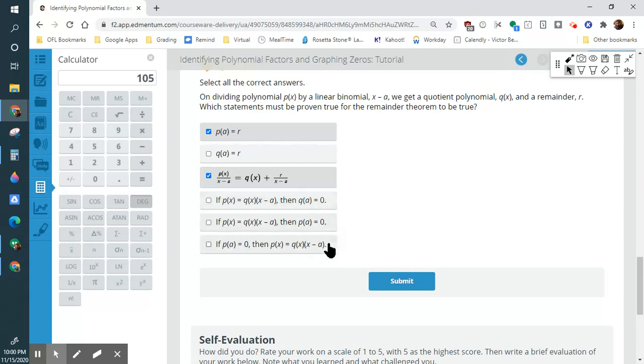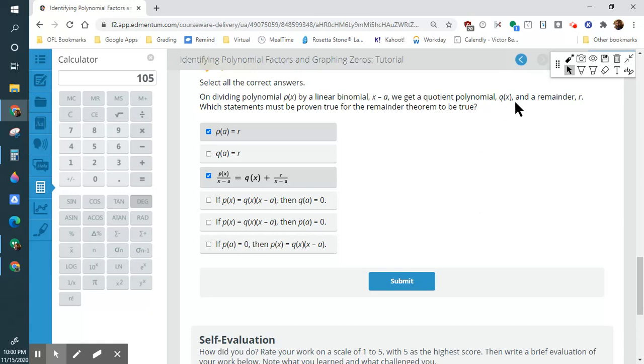I don't know these. Let me take a look at these. Q of A equals 0. I don't even know how that's possible. If P of X and Q of X, if these are equal, what is this?